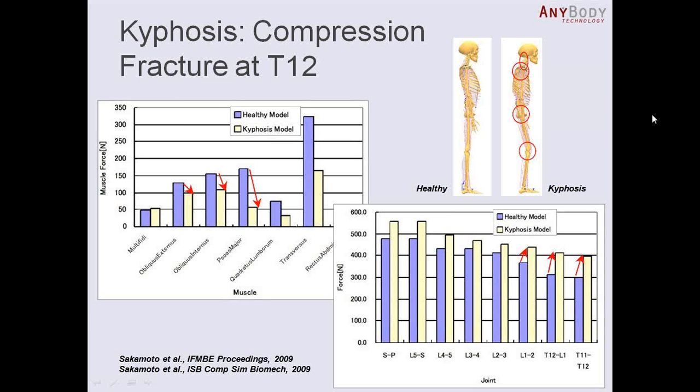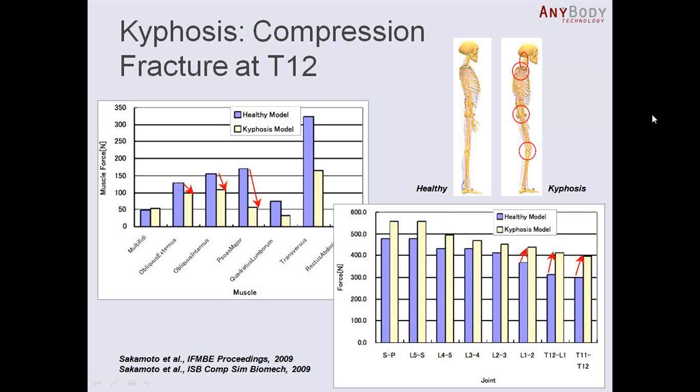Although the kyphosis posture resulted in decreases in several muscle loads as shown in that bar chart on the left, intervertebral reaction forces were increased at the fracture level and below, suggesting an increased risk of adjacent level fracture for these patients who, in most cases, already suffer from osteoporosis, which is probably why they suffered the compression fracture in the first place.